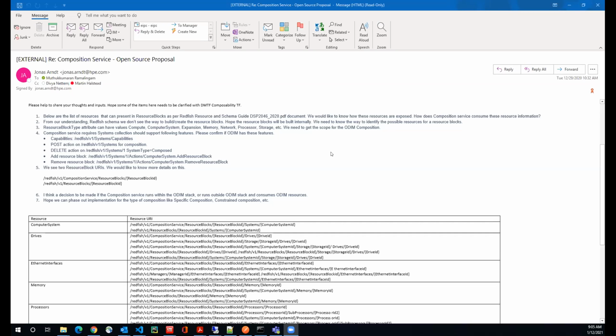But the resource block concept is in the composition service, right? It's not already in the schema, is it? Computer system is a fundamental element of the schema, right? Yeah, but does it have a resource block?